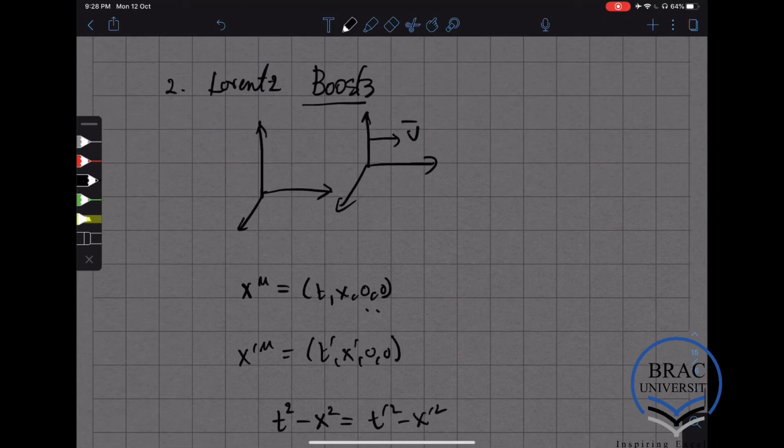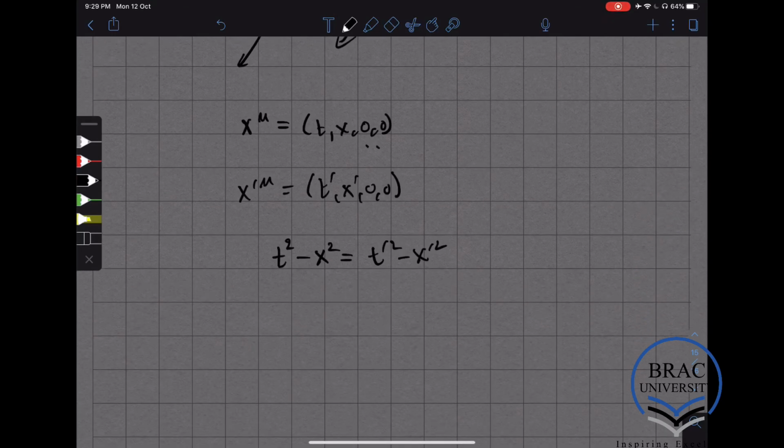Now, this transformation is a one parameter transformation because we have chosen the direction already, but what we need to choose now is the magnitude of the velocity. So we need to find a solution to this relationship, which is a one parameter solution.